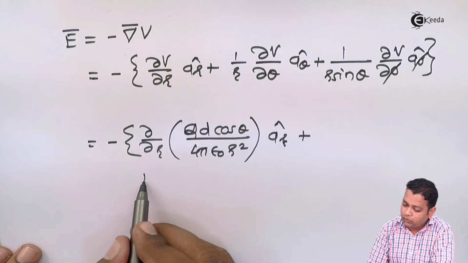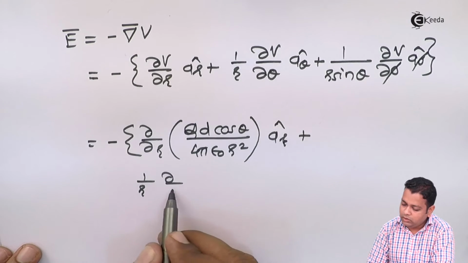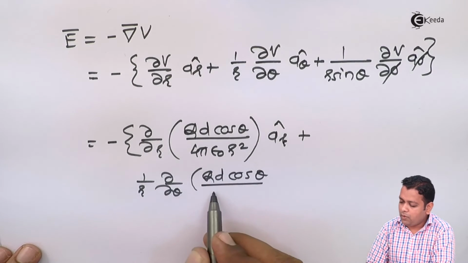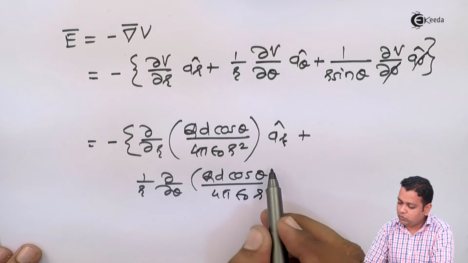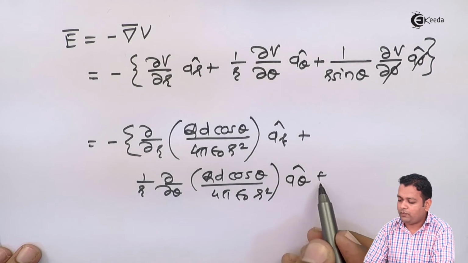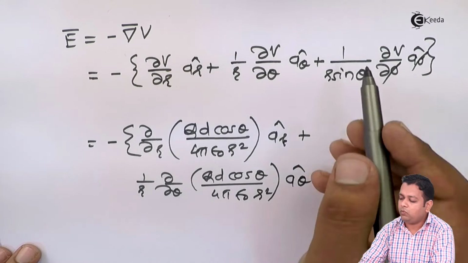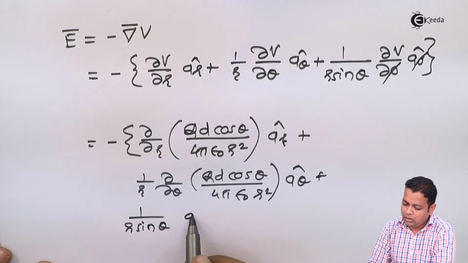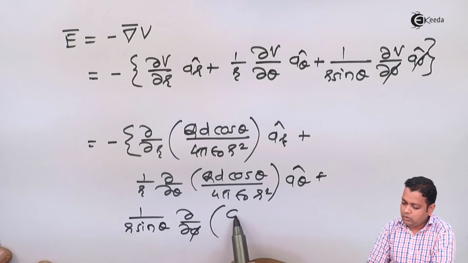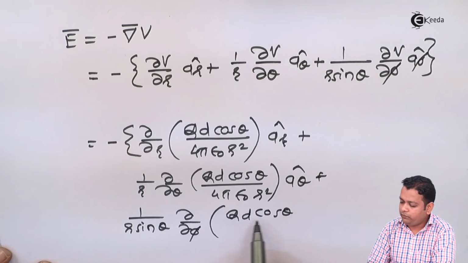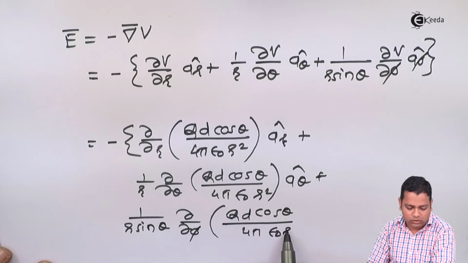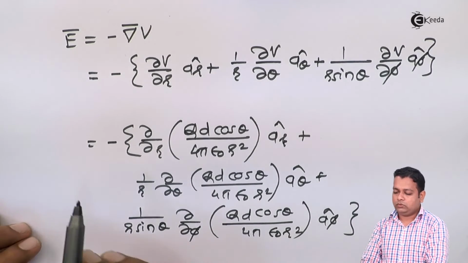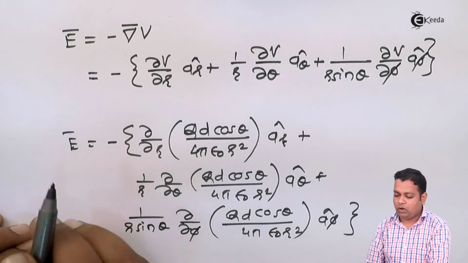So here we make 1 by R del theta of QD cos theta upon 4 pi epsilon 0 R square, bracket complete, A theta cap. Similarly the third term will be 1 upon R sin theta del phi of QD cos theta upon 4 pi epsilon 0 R square A phi cap.